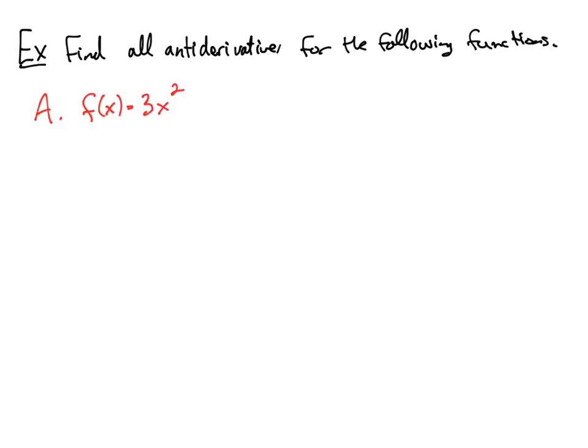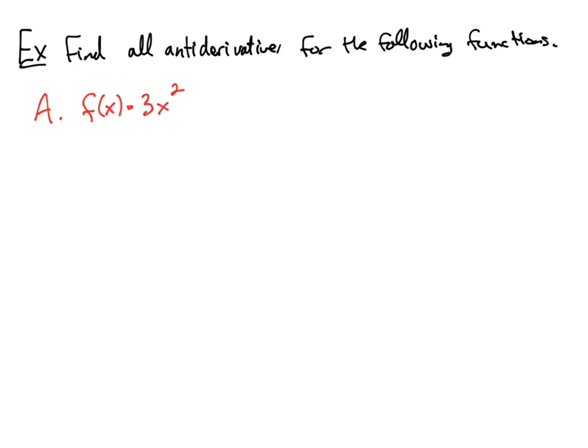First we have 3x squared. In the previous example, I didn't really explain how we got the antiderivative. It's kind of like going backwards from the power rule. The power rule tells us we take the exponent, multiply that by the coefficient, and then lower the exponent by 1.